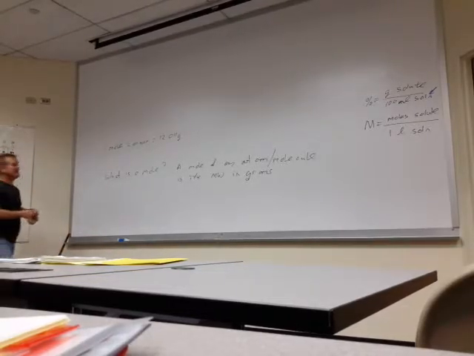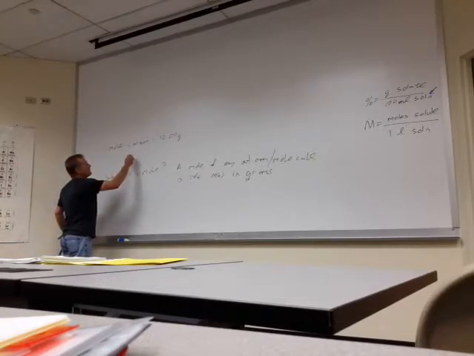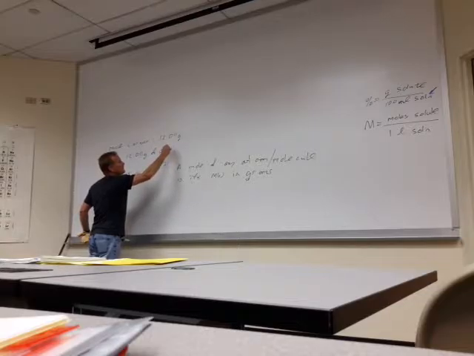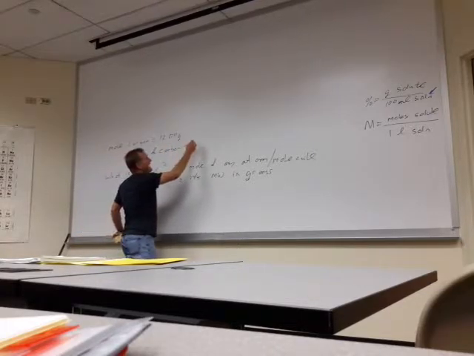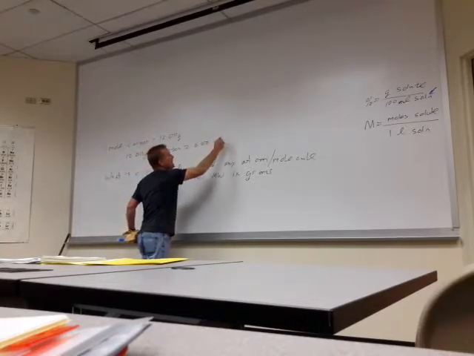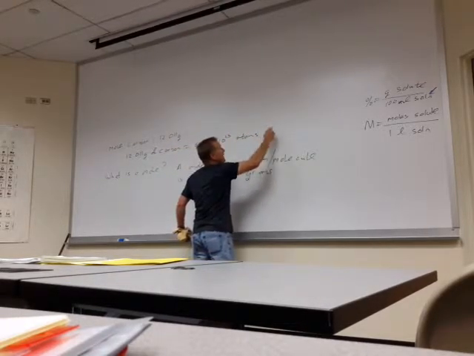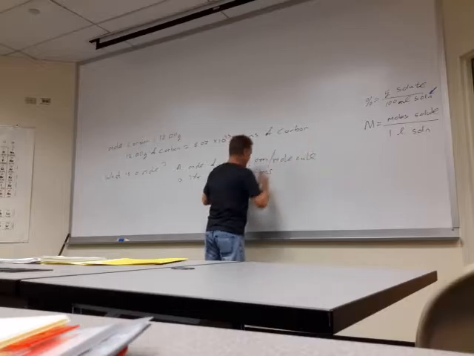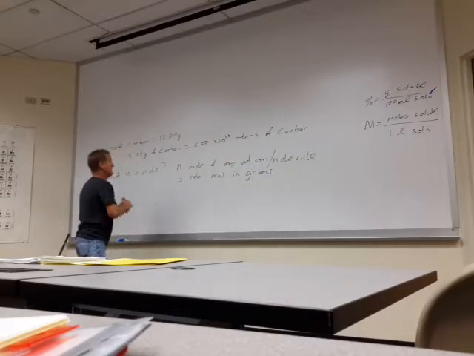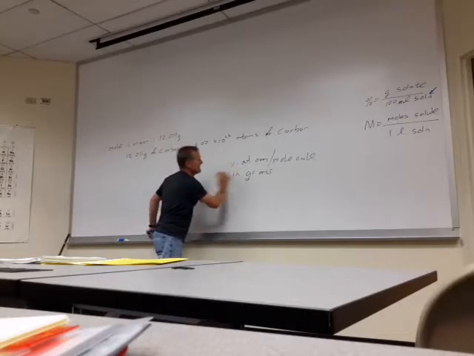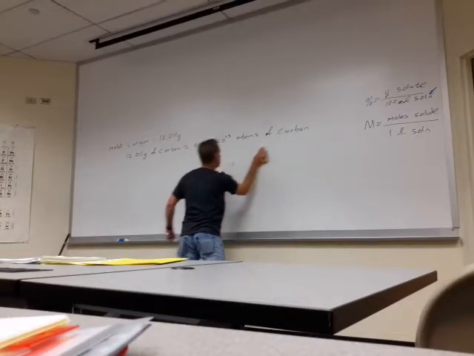So if I had 12.011 grams of carbon, I would have 6.02 times 10 to the 23rd atoms of carbon. And that's why this concept is necessary.